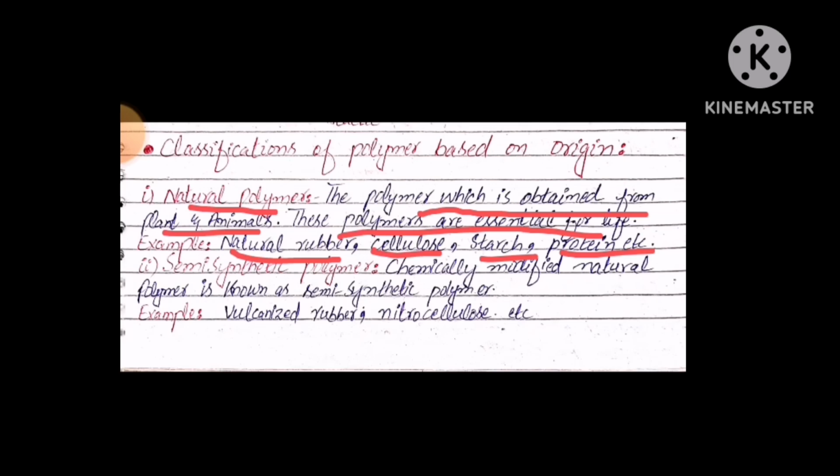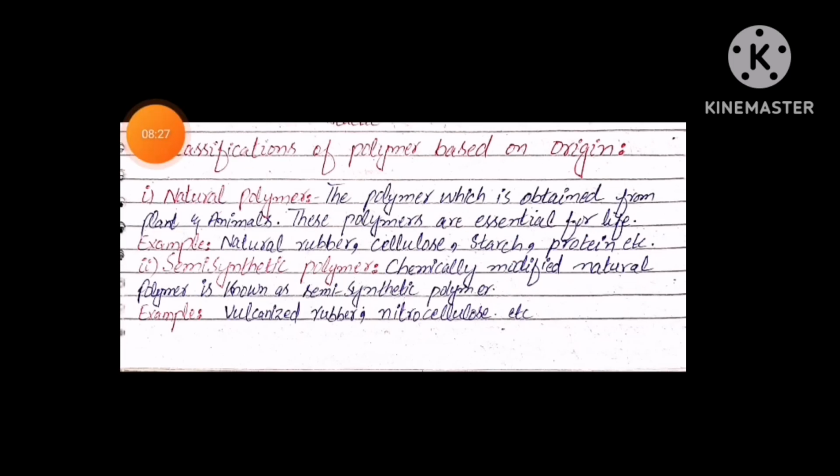The second type is semi-synthetic polymers. These polymers are chemically modified.